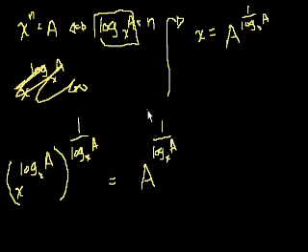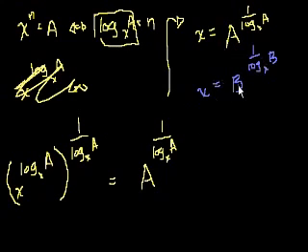You're probably saying, Sal, where are you going with this? I will show you shortly. We could just replace a with another variable. I could also write x is equal to b to the 1 over log base x of b. The same thing I did with a, I could do with b.